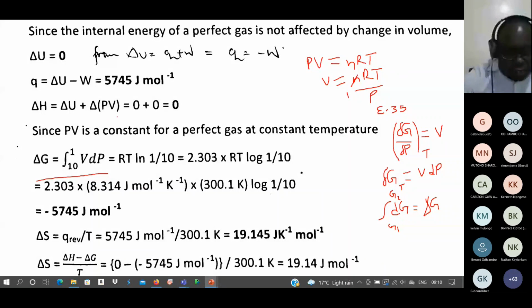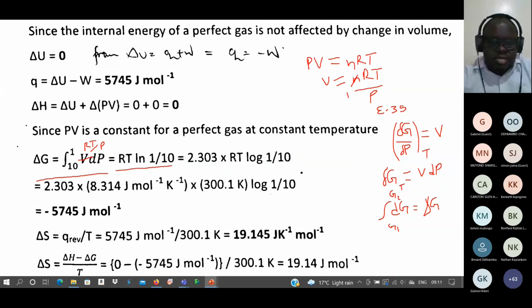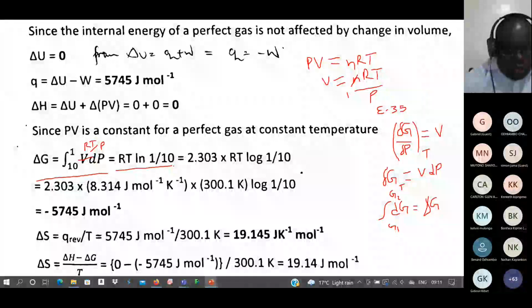So V is RT over P. Essentially you're talking about the integral of RT over P dP from 10 to 1. So this becomes RT ln of 1 over 10.